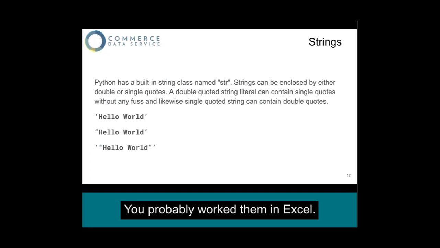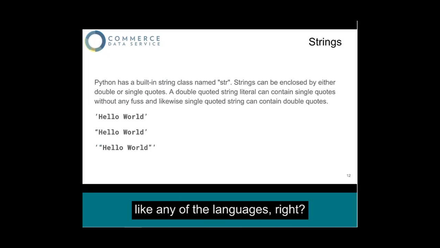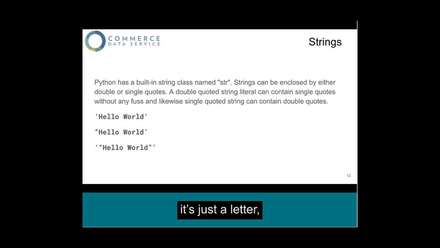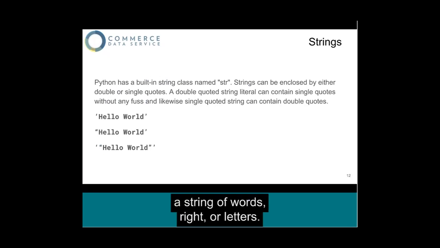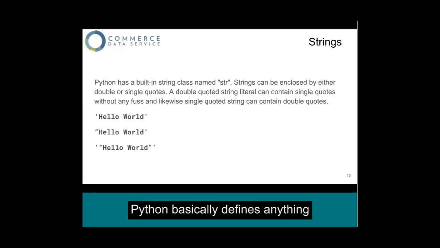You probably worked with them in Excel, you probably worked with them in R if you've done that, or SAS, like any of the languages, right? It's just sort of the same thing. It's just a string of words, or letters. In Python, Python basically defines anything between either single quotes or double quotes as strings.